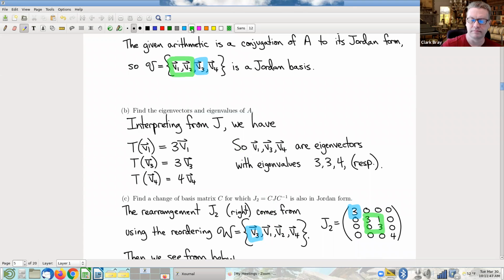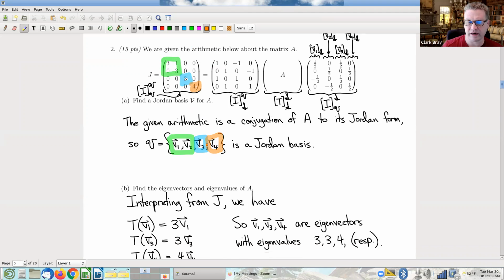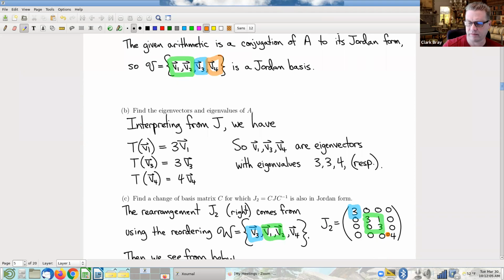And then lastly, we're going to look at the last block. There's only 1 block left. That block, 4th column, corresponds to the 4th basis vector, and I'm just going to leave that 4th. Okay, so there's our new basis.